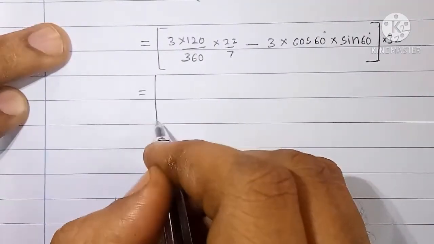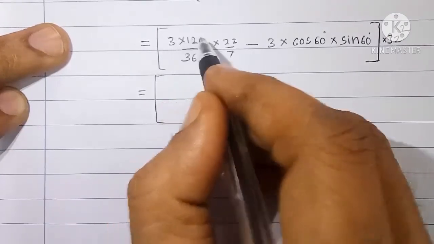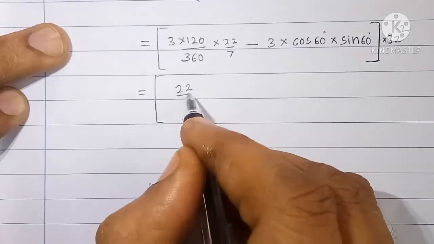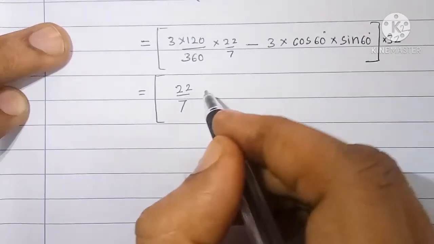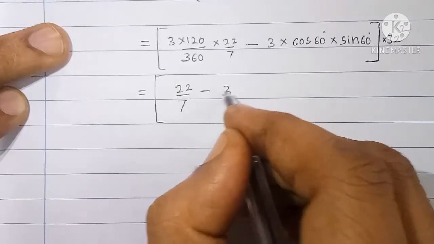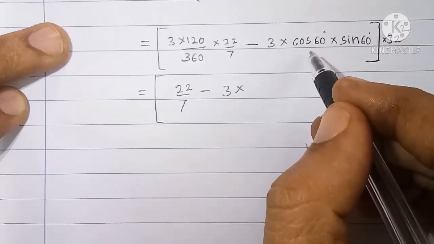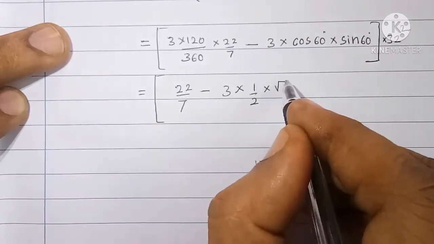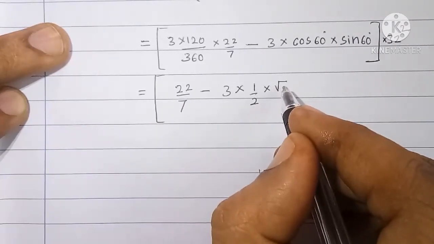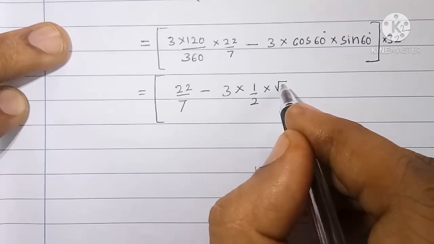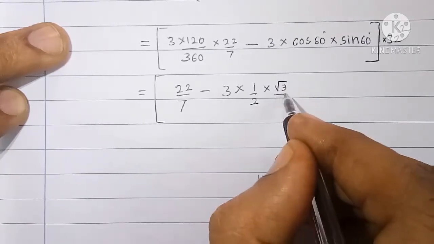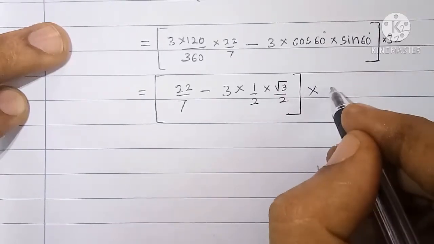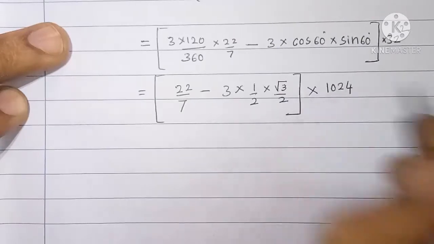So this will be 3 into 120 by 360; 360 and 360 will cancel. We will have here 22 by 7 minus 3 into cos 60, which is half, and sin 60, which is root 3 by 2. 32 square is 1024.